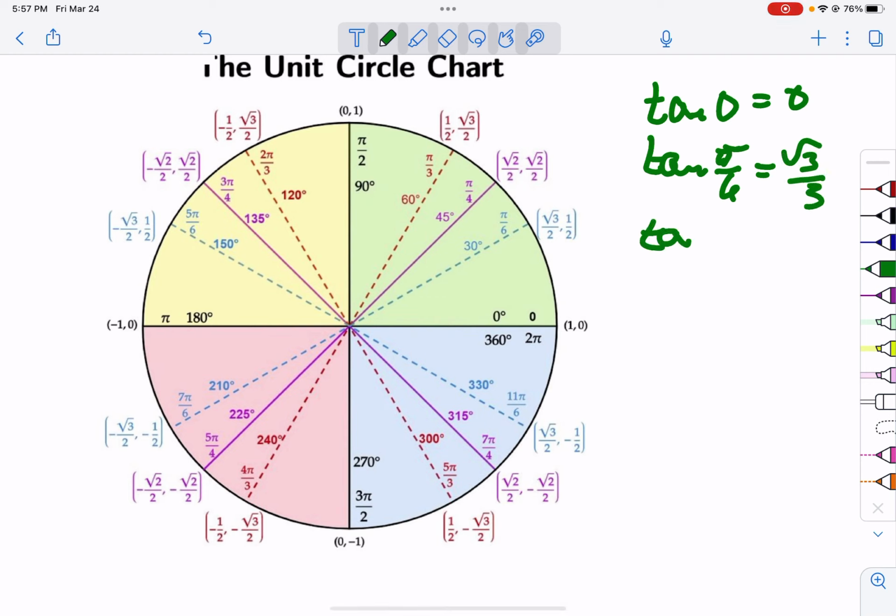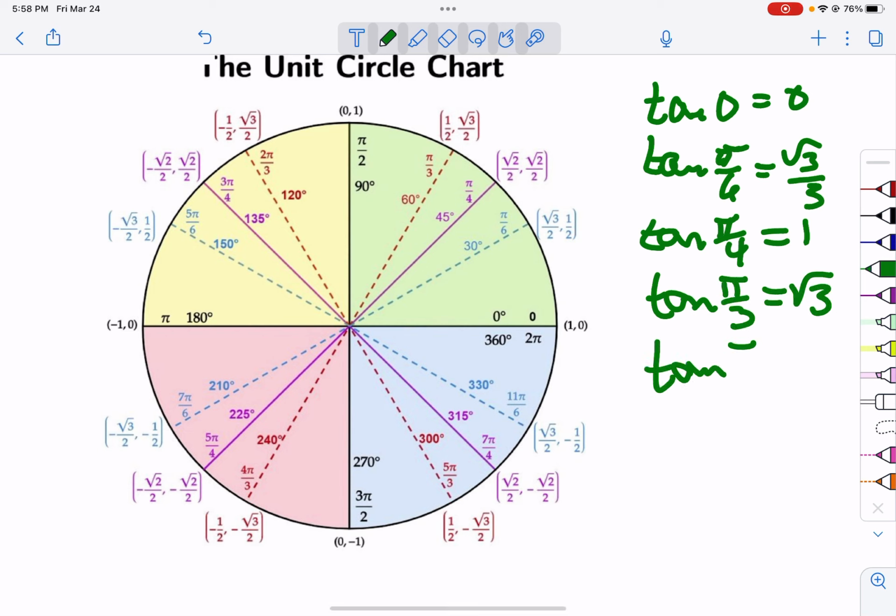The tangent of pi over 4 is 1. The tangent of pi over 3 is square root of 3. The tangent of pi over 2 is undefined. Okay, so those are some nice tangent values to know.